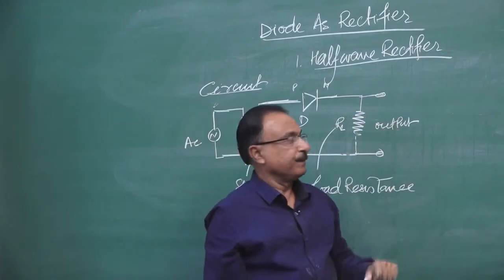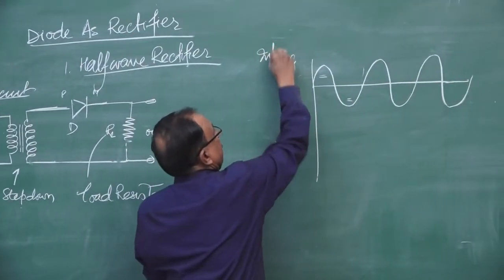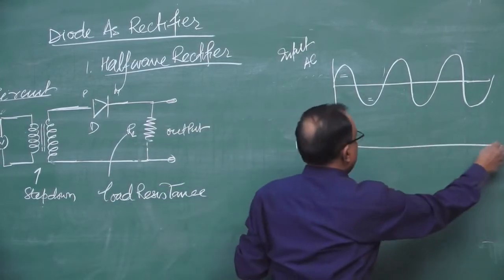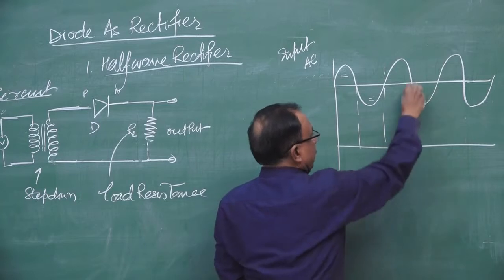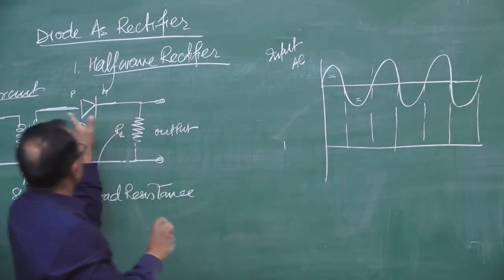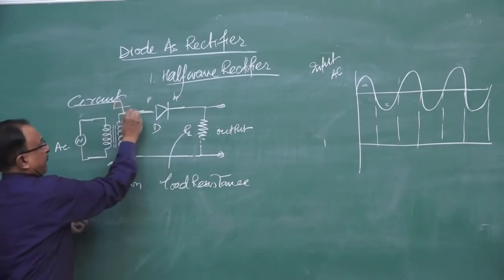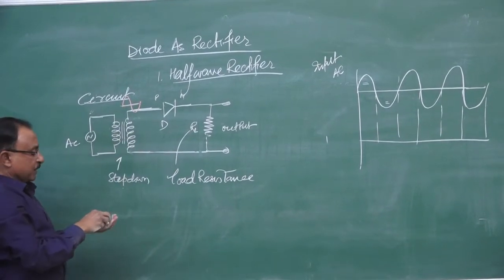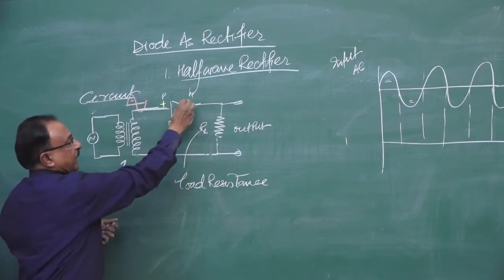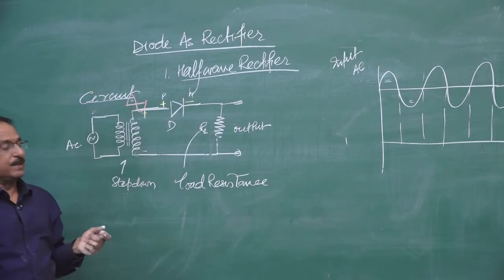Now how does it work? Here is the input AC. For one cycle of the input AC, say the positive cycle, the P side end is positive and the other terminal of the secondary is negative.